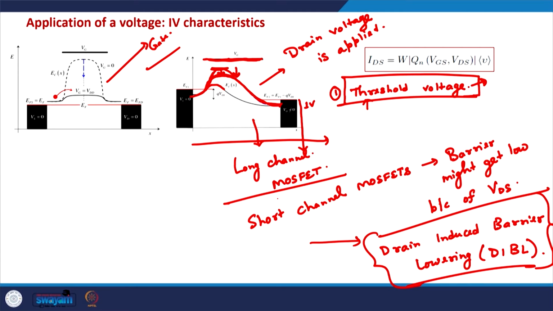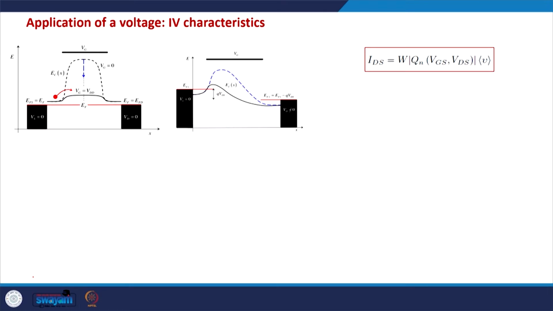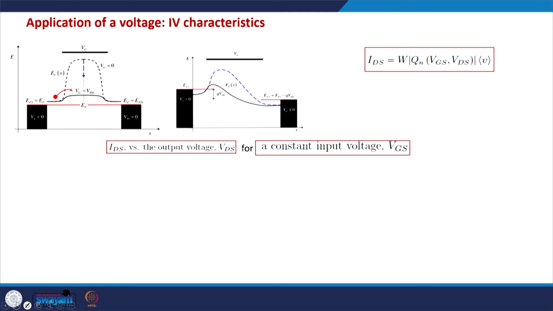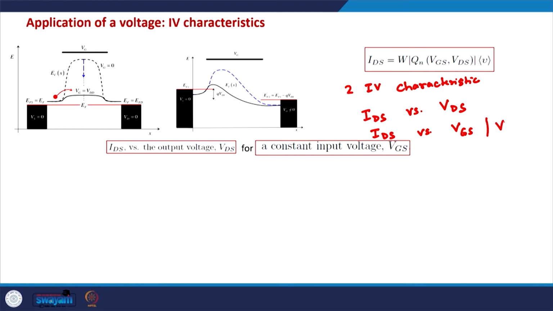Now let us see how the IV characteristics of the MOSFET look, and before going into them, let me quickly point out that there are two kinds of current-voltage characteristics in MOSFETs. One is IDS versus VDS, the current as a function of the drain voltage, and the second is IDS versus VGS, the current as a function of gate voltage when VDS is constant.